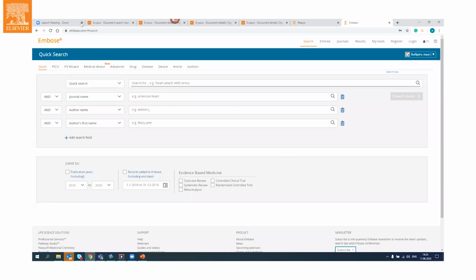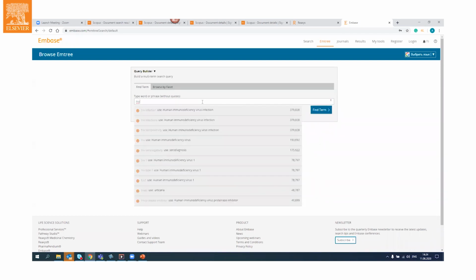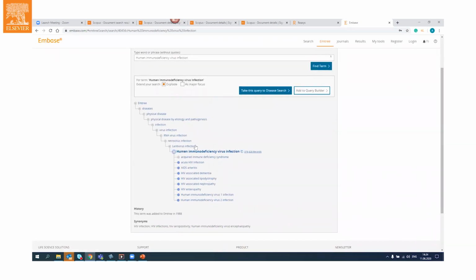This is the Embase starting page, and we can get insights immediately from the taxonomy tree, Emtree. So let's start from HIV, for example. We type HIV and we see human immunodeficiency virus infection.